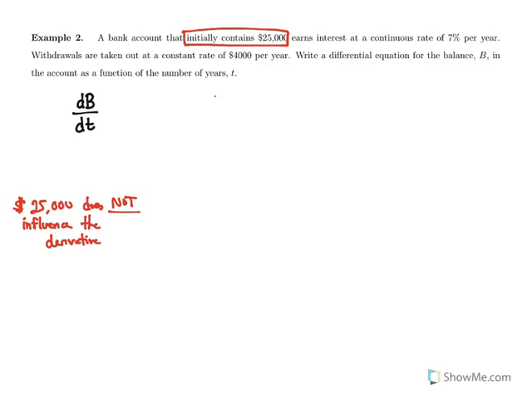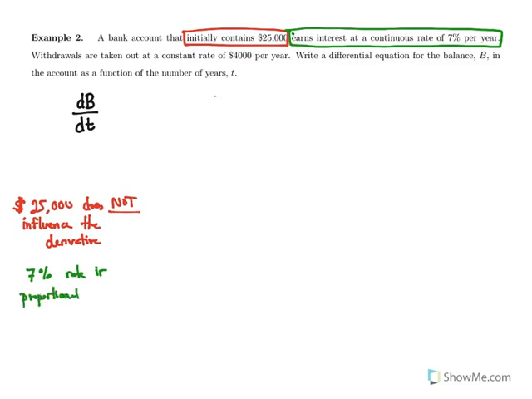What we're going to do is think about instead this earns interest at a continuous rate of 7% per year. So this 7% interest rate is going to be our proportional growth.